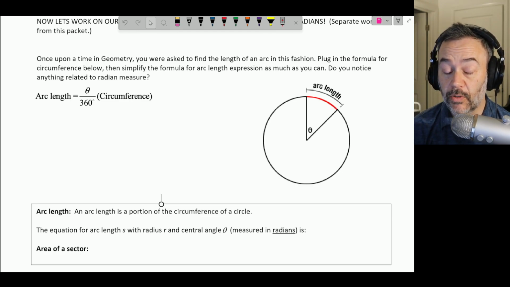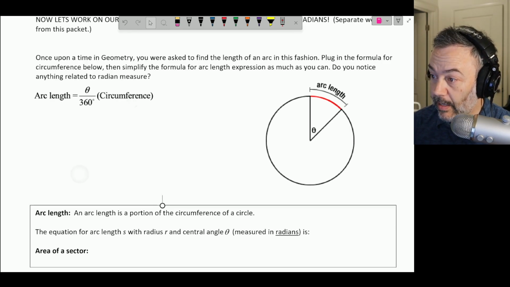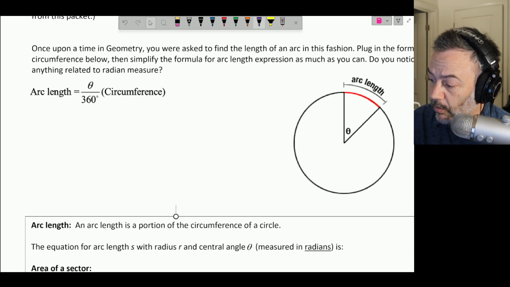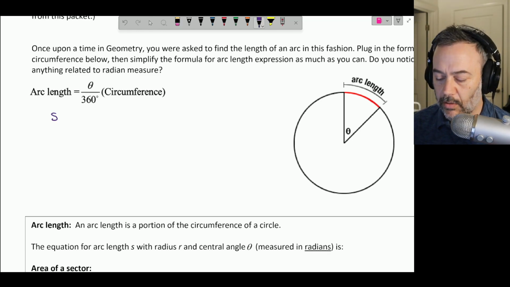Okay, so in geometry, you likely remember learning a formula for arc length when we are measuring angles in degrees. And the formula looks like this. Arc length. Oh, by the way, often S is used for arc length.